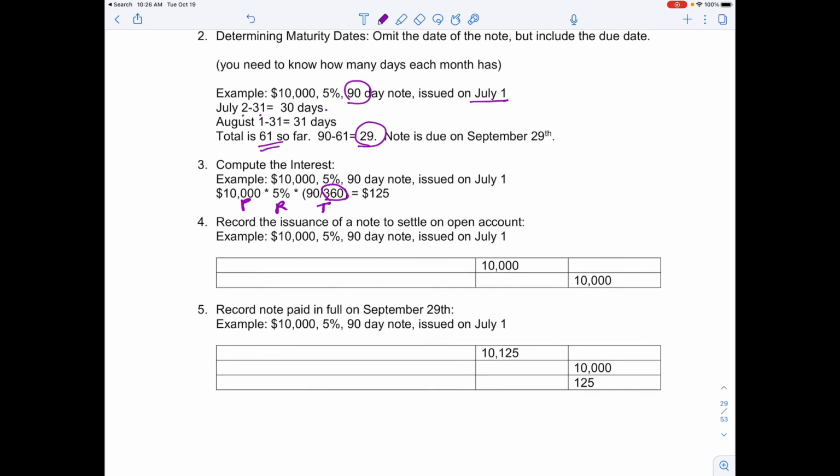So in a situation where an account receivable had not gotten paid, and we're trying to be nice, so we set up this note receivable with the due date, with some interest. We're going to debit that note receivable, and credit that account receivable.